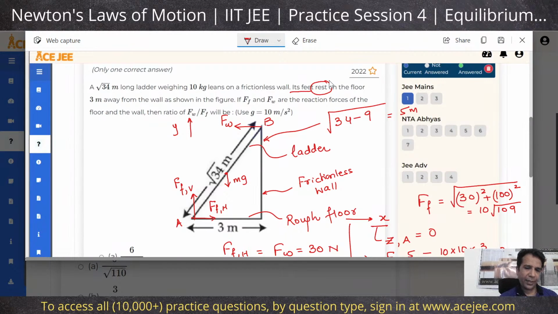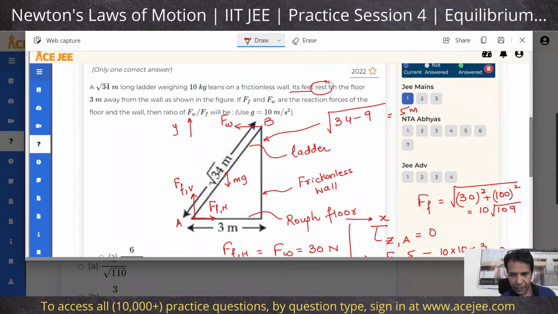उसके बाद में all I did was to find a convenient point about which we can write down the torque equals to zero. Look, if I were to take the torque about A, then I wouldn't have to worry about the reaction forces from the floor.